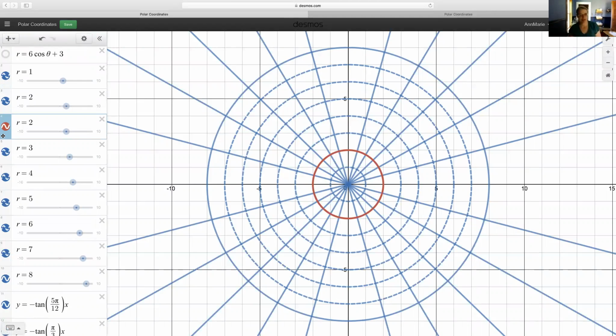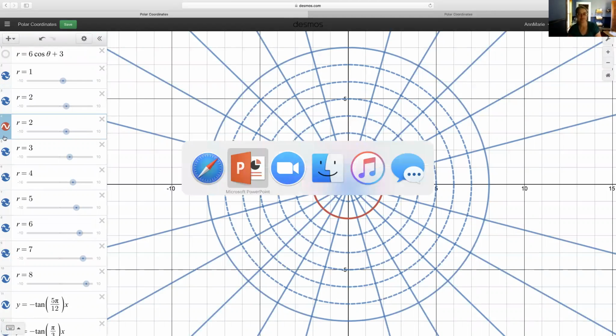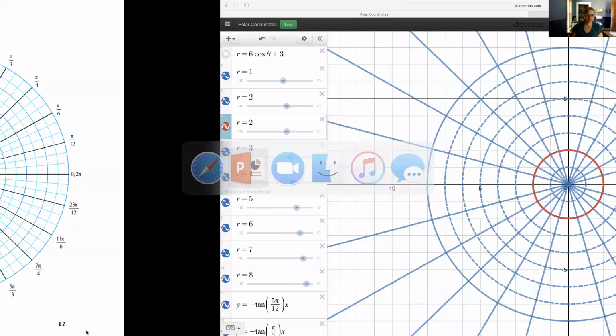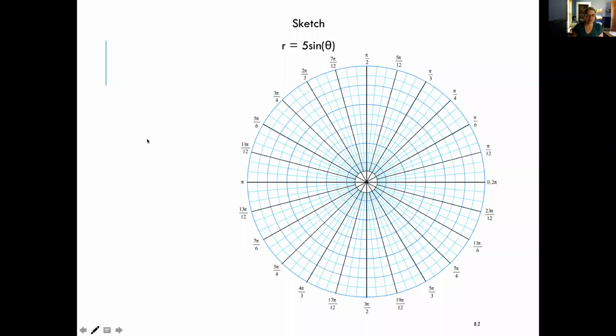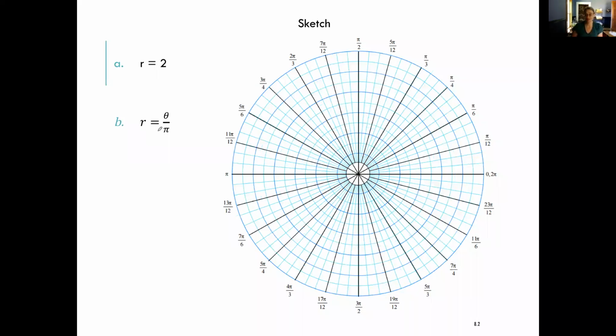So let's see what else we can do. Let me erase my ink mark here. And let's look at r equals theta over pi. So we're going to make a table of values here, just like we would if we were doing this in Cartesian coordinates and weren't sure what shape we were going to get. So r, theta.